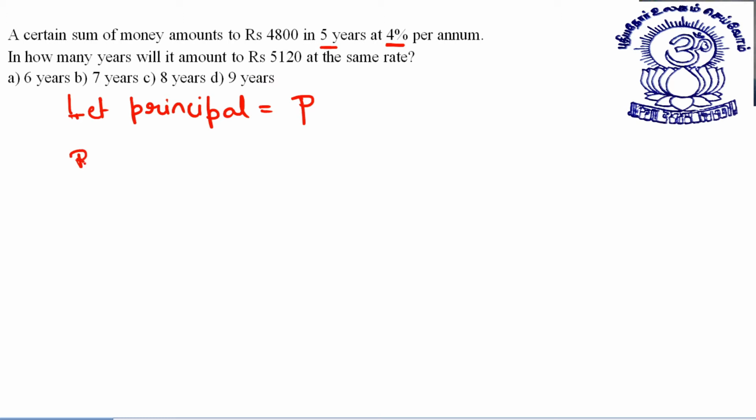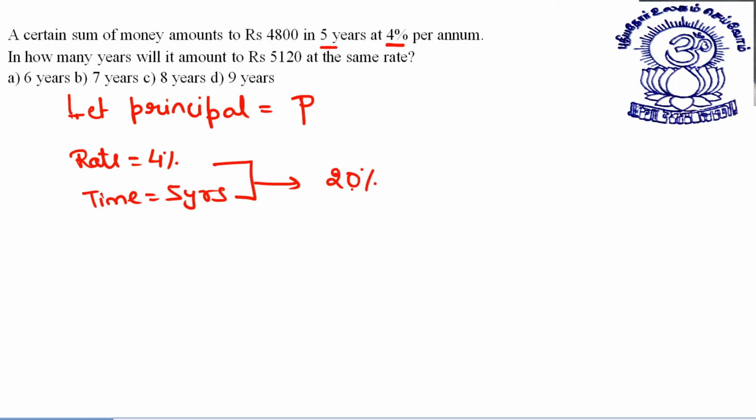So 4% for 5 years means 20%. So the interest is 20% of the principal.